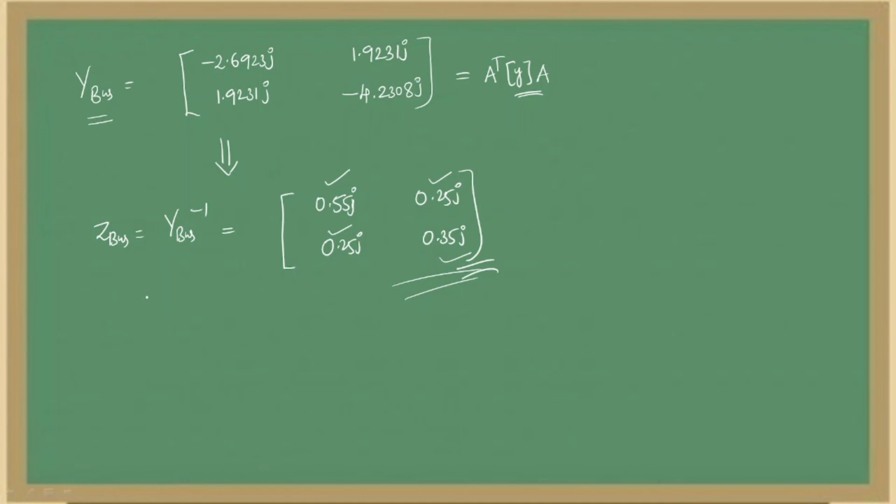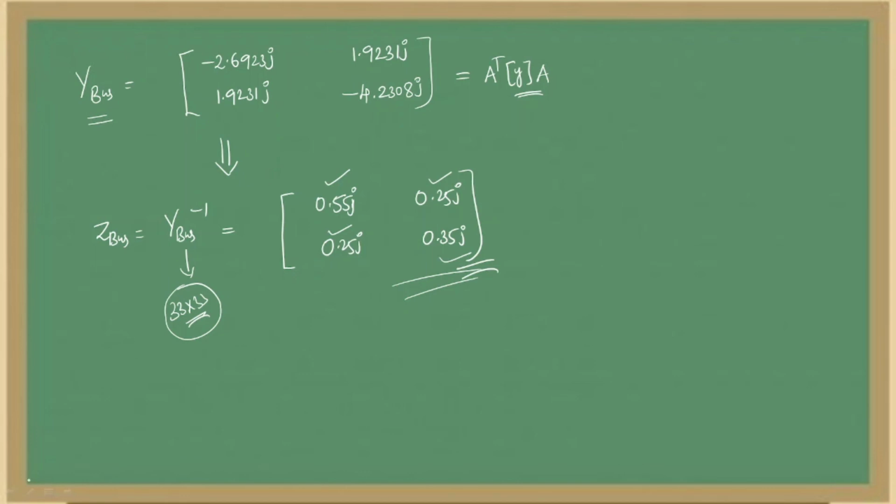It contains 33 buses. Okay, a 33 bus power system has the order of Y bus matrix as 33 by 33. Okay, so finding the inverse of this big sized matrix is very difficult. With the help of digital computers also, it is very difficult.